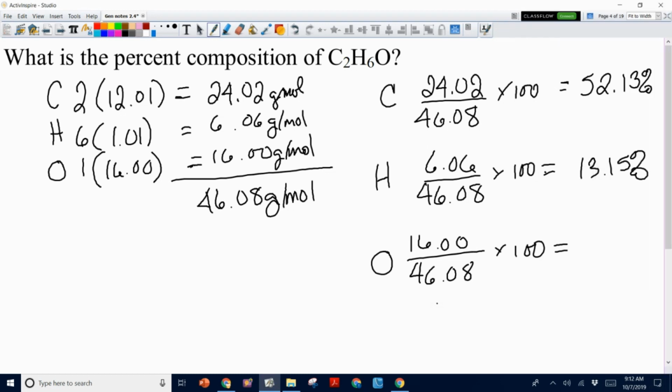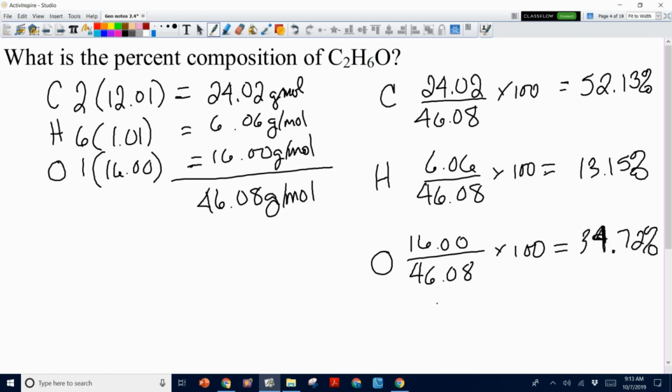And then 16 divided by 46.08 times 100, 34.72. That's a wonky looking 4.